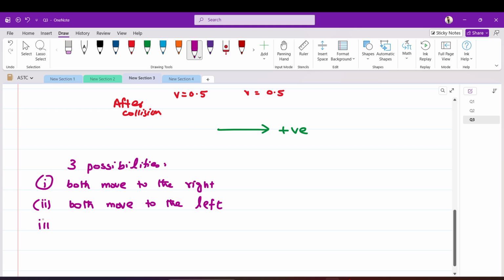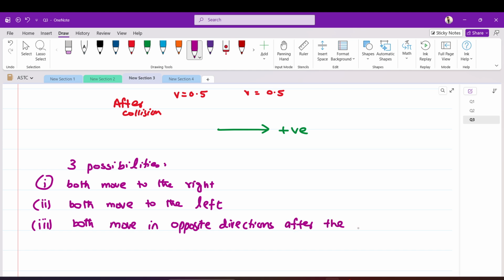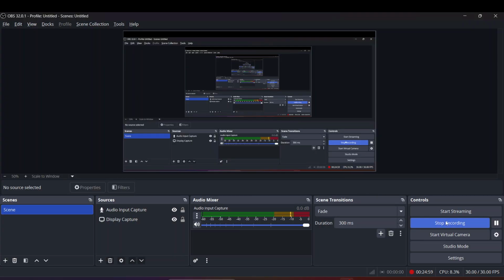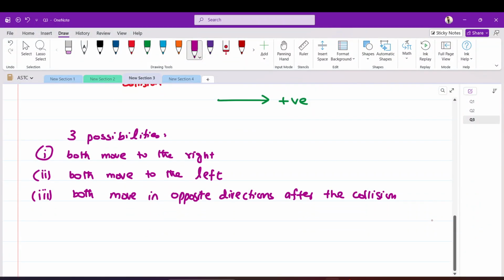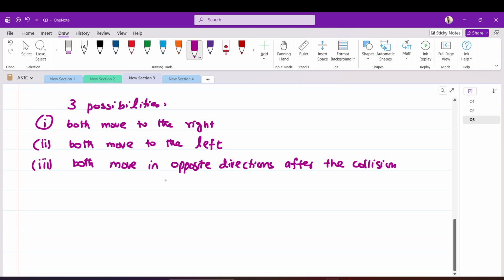And the third possibility could be that both move in opposite directions after the collision. All right. Okay. So these are the three possibilities that we have. So dealing with each one of them one by one.